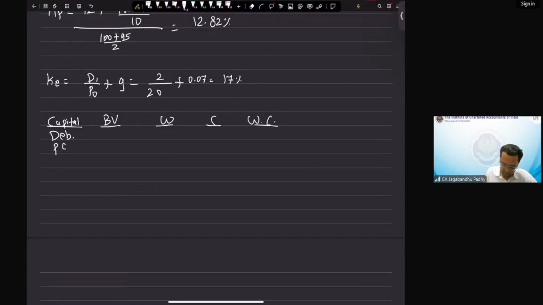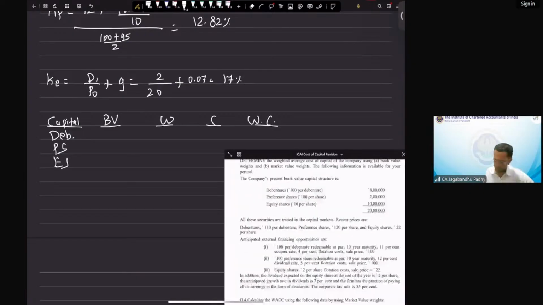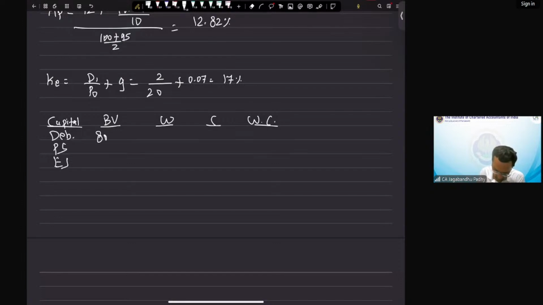So debenture, preference share, and equity share. Debentures are having a book value of 8 lakh, preference share is 2 lakh, and equity share is 10 lakh.